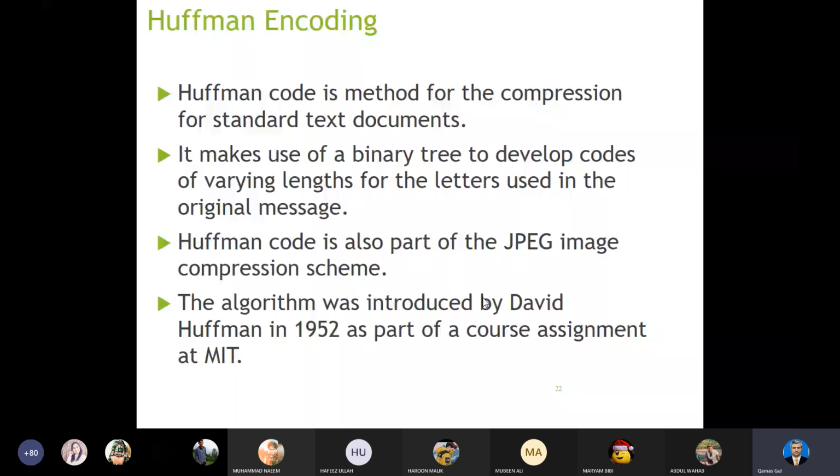The very first property is a binary tree with n internal nodes has n plus 1 external nodes. So what is an internal node and what is an external node? Here, this example will explain it. So this is a binary tree with n internal nodes.